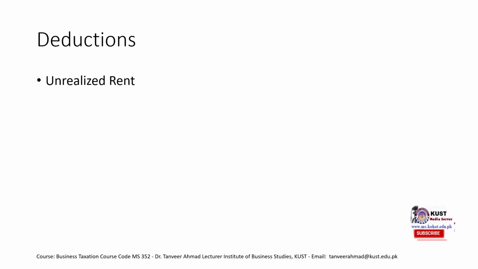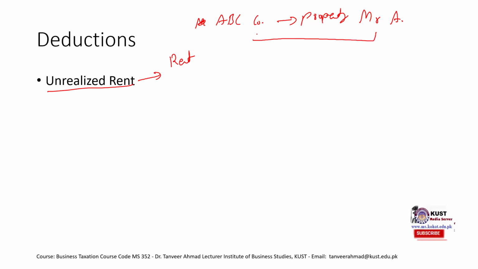Okay, then there is the case of unrealized rent. What do we mean by unrealized rent? Let's just say the company ABC rented out a property to Mr. A, and Mr. A had to pay 1 lakh rupees as rent on, say, 30th of March 2021.